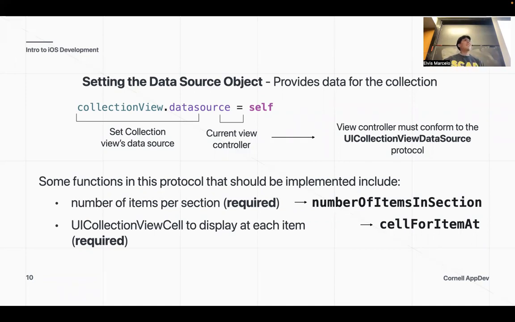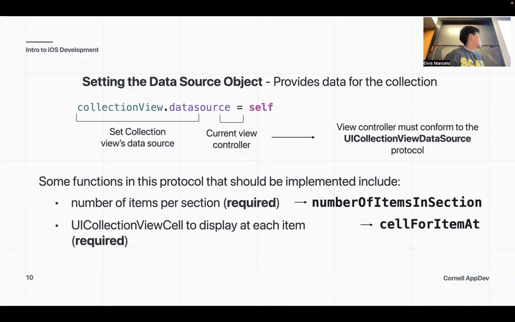In most cases, this number is the total number of items that you have in your array. Similar to our table view demo, where we had a list of contacts, the size of that table view was basically the size of the array. In this case it's almost the same thing. The number of items per section is basically going to be the size of your array of data, and that tells you how many cells there are within some section.